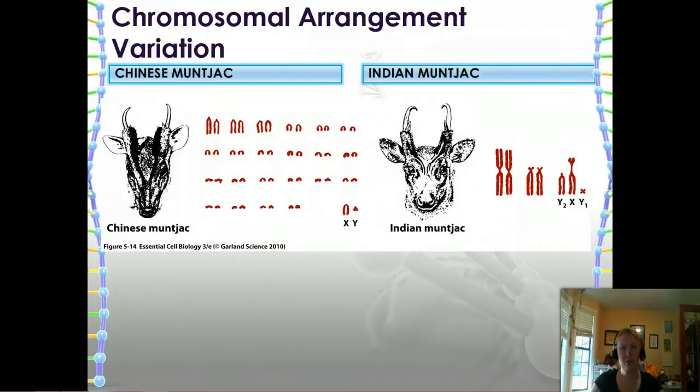The same thing goes for chromosome arrangement. Chromosome arrangement can vary even within similar species, such as the muntjac that you can see here. The Chinese muntjac and the Indian muntjac are pretty closely related, as you can tell from even just their picture. But look at their chromosomal makeup. The Chinese muntjac has a whole bunch of really small chromosomes, where the Indian muntjac only has a few.